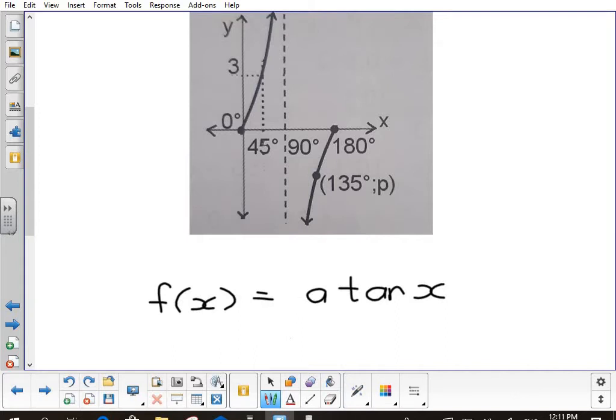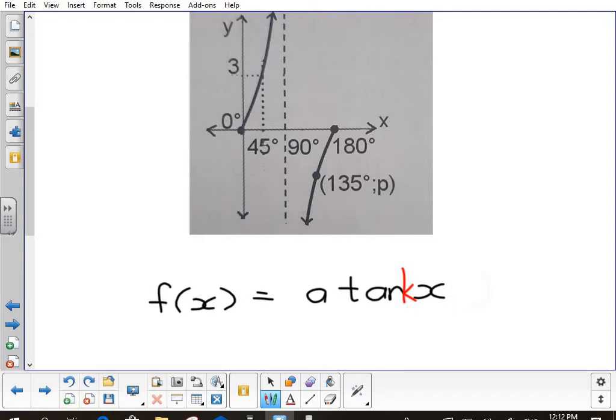This graph did not move up or down. Why not? Because there's no plus q. This graph did not move left or right because there is no minus p. This graph's period did not change. Why not? Because there's no k value.